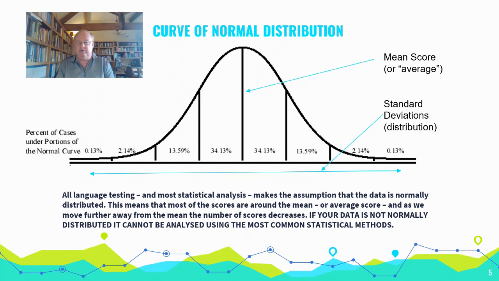And that's what a curve of normal distribution is. And surprisingly enough, most of the things that we count in life follow this pattern. So, for example, if I decided that I was going to go into a school and pick all 16-year-olds in the school and measure their feet, most of them would be of average size for a 16-year-old.